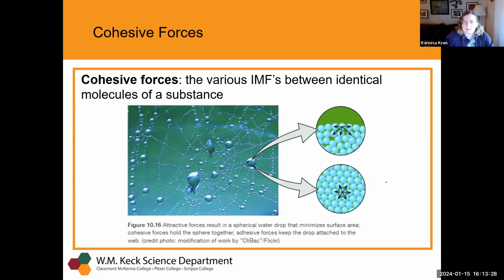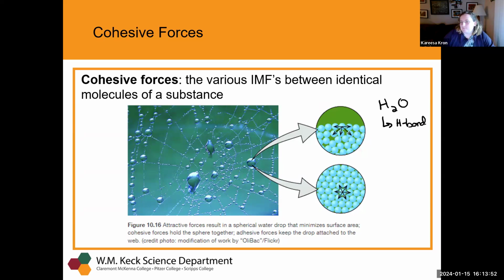Another type of force that we like to talk about with liquids is a cohesive force, intermolecular forces between identical molecules of a substance. And so we just talked about this in our last video.